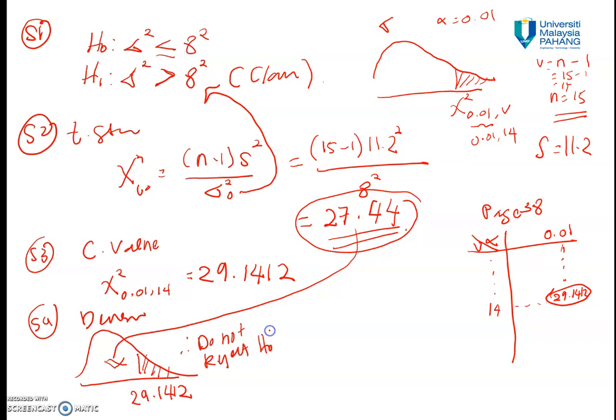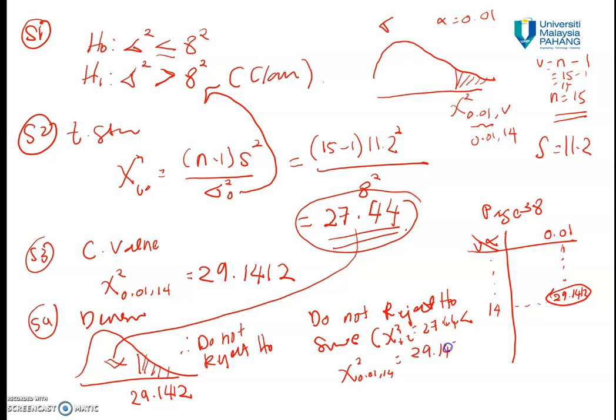So how do you write it nicely? You will say here, do not reject H null, since the chi-square test, which is 27.44, is less than chi-square 0.01, 14, which is 29.142.